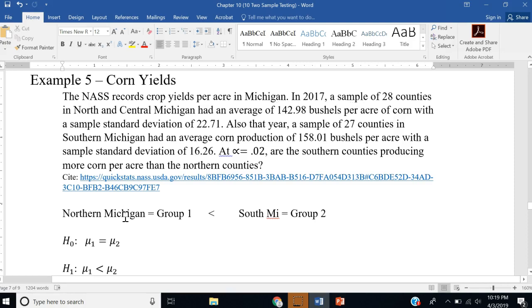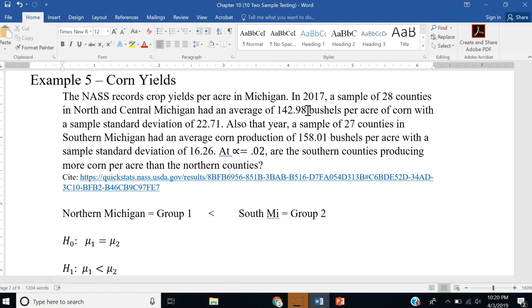And so northern Michigan, north central Michigan, sample size was 28. That's the N1 is 28. Standard deviation, 22.7. My X bar should be 142.98. I kind of said that backwards. Hopefully that doesn't throw you off.